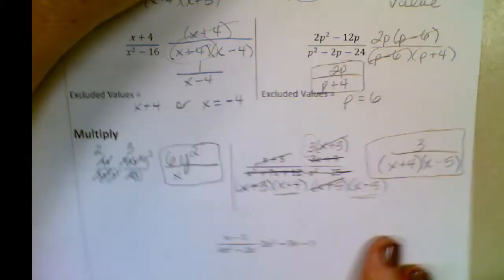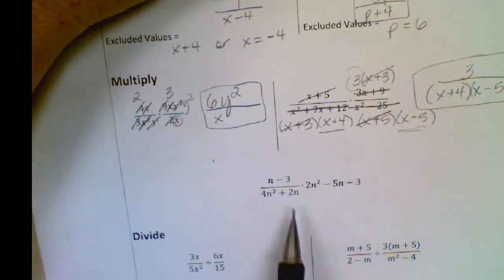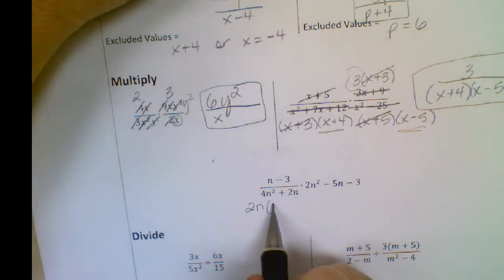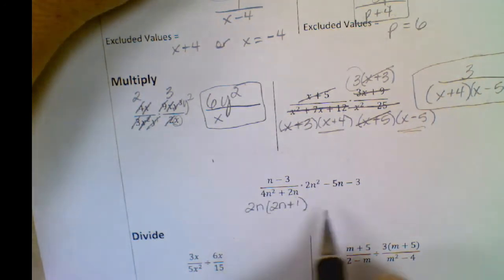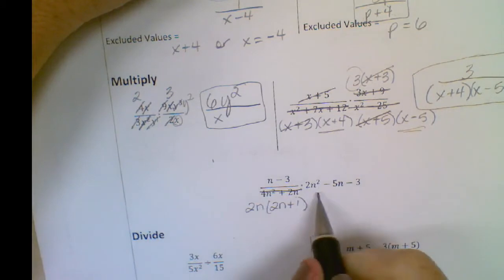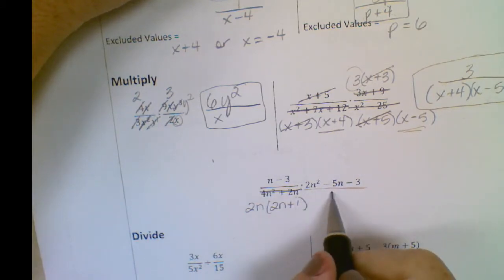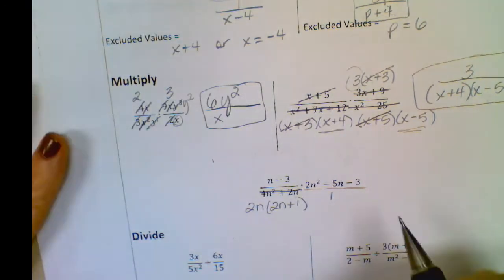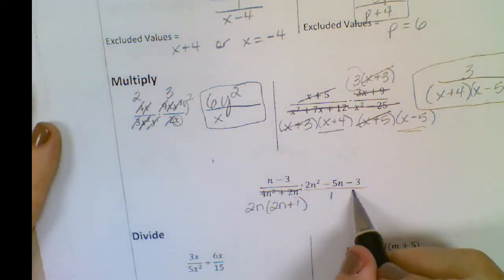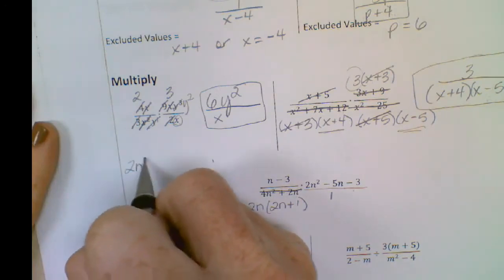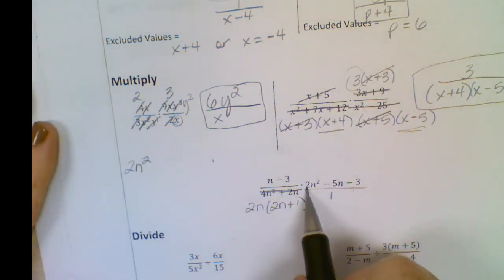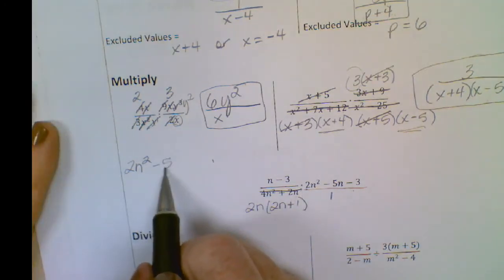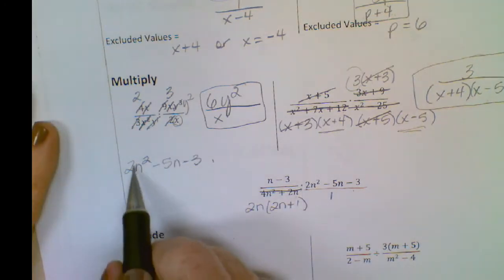Okay, let's go down here. Down here again, I'm going to factor so I can take a 2 and an n out of both. And then remember, this is like 2n squared minus 5n minus 3 over 1. For this 2n squared minus 5n minus 3, we're going to need to use x factor or BFDs to factor that, because I've got a number larger than 1 as my leading coefficient. So I'll go ahead and do both.